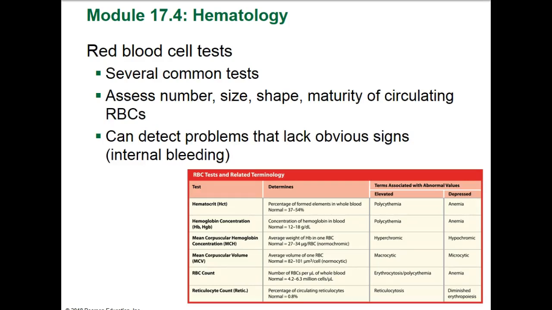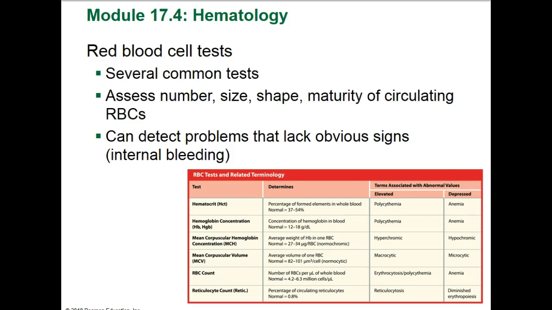Okay, as far as red blood cell tests, there are many types. We may just assess the number, but we may also want to look at the size and shape of some of the cells. That makes a lot of difference in determining certain disorders. And the maturity of the circulating red blood cells, how old some of them are.